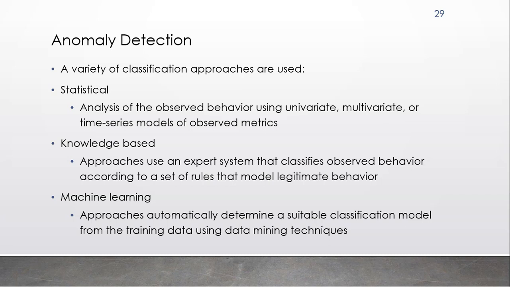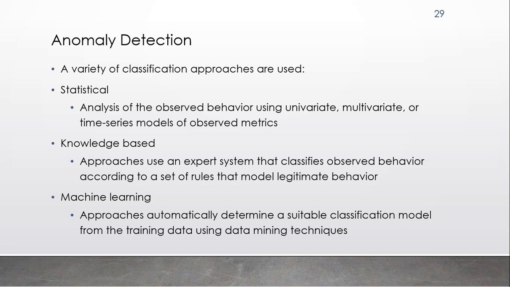The monitored data is first parameterized into desired standard metrics that will then be analyzed. This step ensures data gathered from a variety of possible sources is provided in standard form for analysis. There are a variety of classification approaches used in anomaly detection.